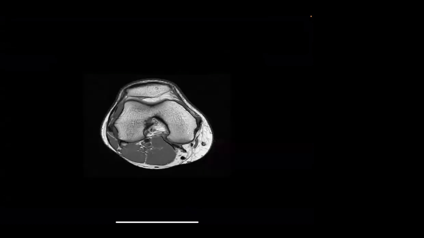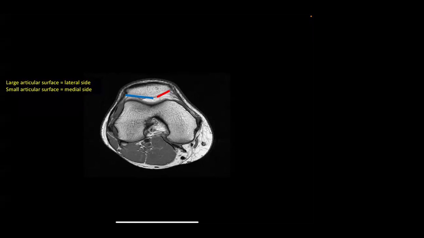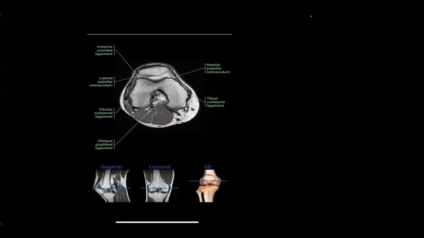Now, axial sections. The patella shows a large articular surface on the lateral side and a small articular surface on the medial side. Hence, we can know the medial from lateral sides, and we can detect the lateral patellar retinaculum and medial patellar retinaculum.